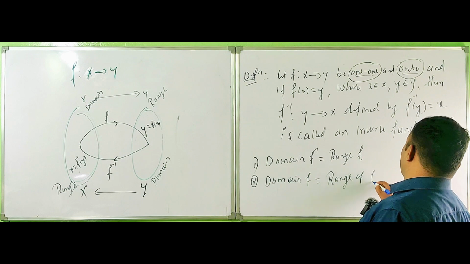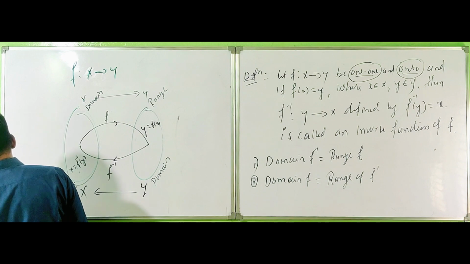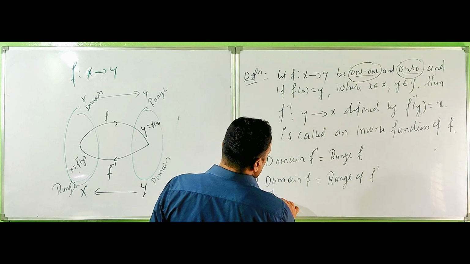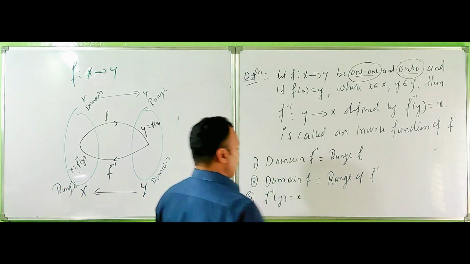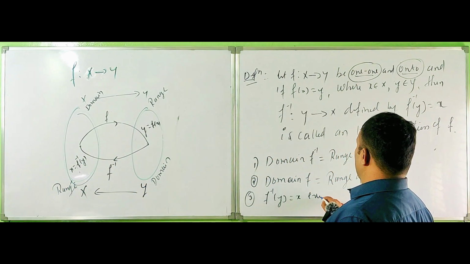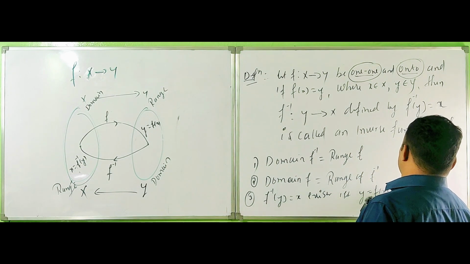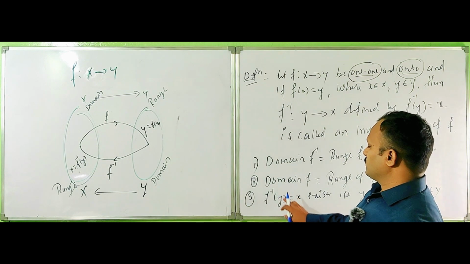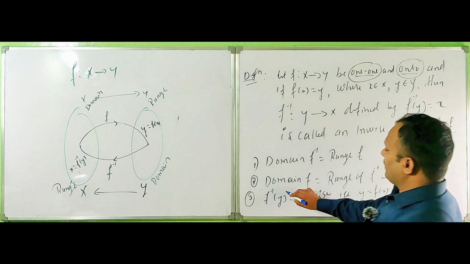Another point, and this is very important: f inverse of y is equal to x exists if and only if y is equal to f of x, where x belongs to capital X and y belongs to capital Y. If this is defined, then this can be defined.